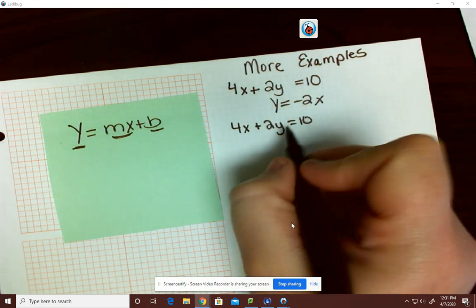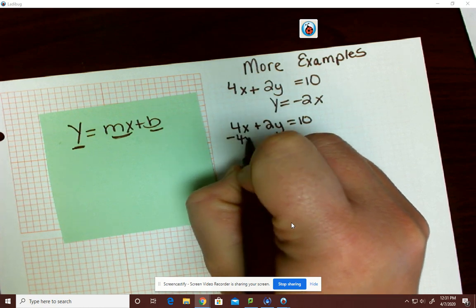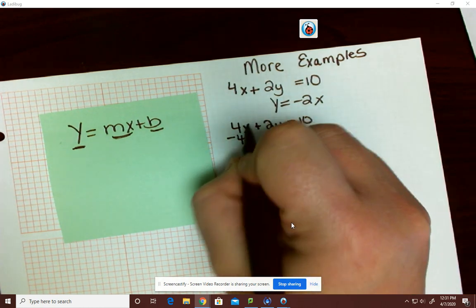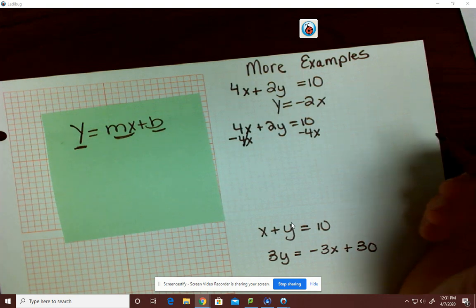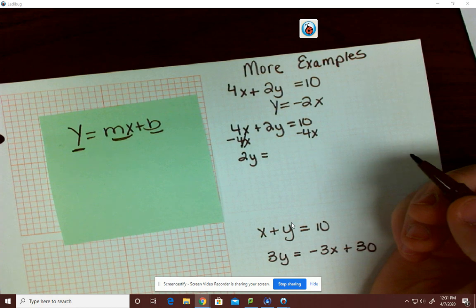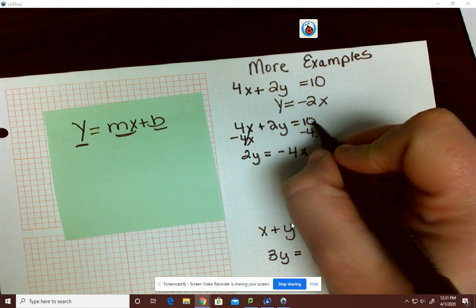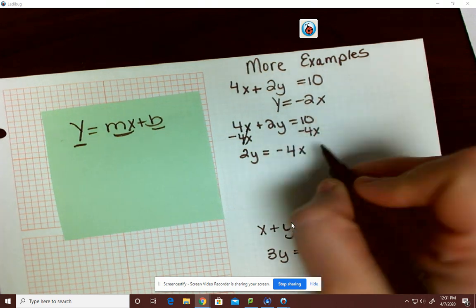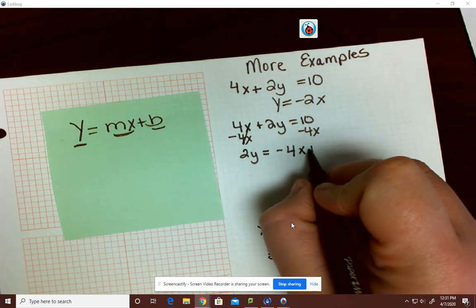So to get y by itself, first thing I'm going to do is move the 4x. So I subtract 4x. Or I can think about if I'm putting it on the other side that switches its sign. We did that a little bit when we were rearranging quadratic equations. These are not like terms, so you cannot take 4x from 10. So you put this first and then put the 10, and since it's positive, you put plus 10.